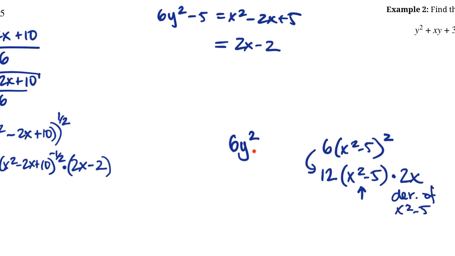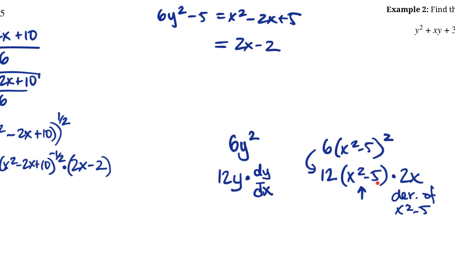So let's follow the same pattern for this now. Bring down the 2, multiply it by 6, so we get 12. Now the y part, remember, we don't know what y stands for. We know it's going to have a bunch of x's in it, but when we take our derivative, we leave that part by itself. And then we multiply by the derivative of y. We don't know what y is, so we don't know what the derivative of y is. So why don't we just call that dy by dx, right?